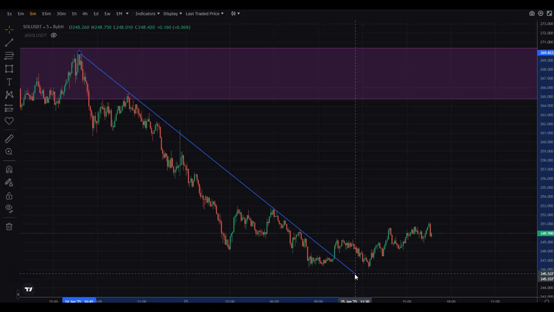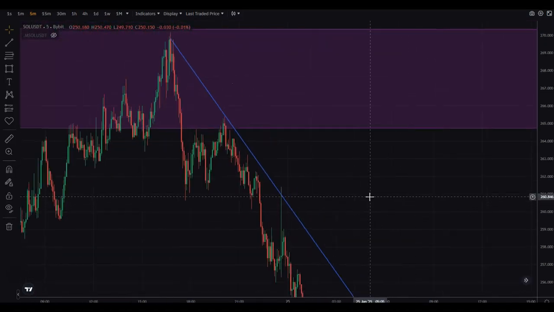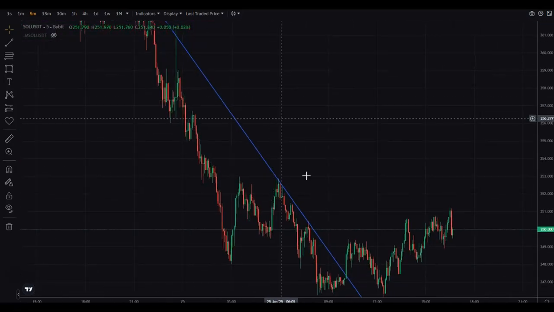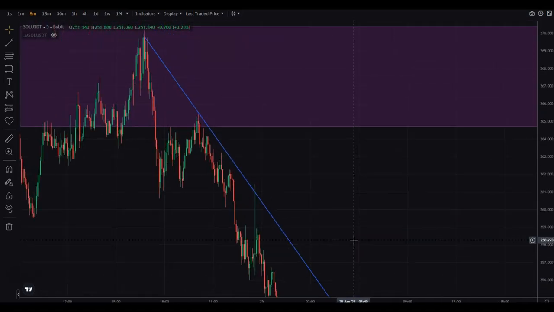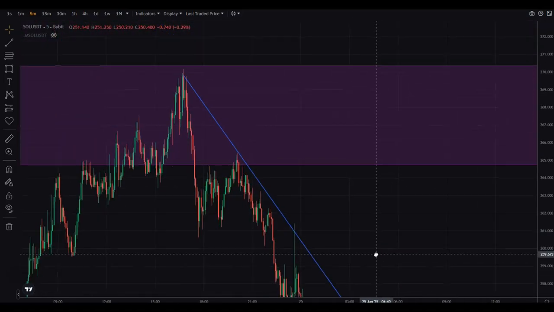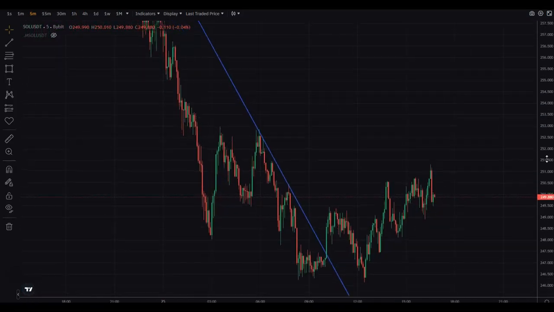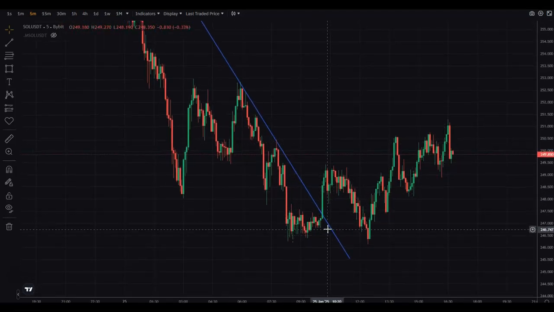The market is trading in a clear downtrend. Here's our first touch point, second touch point, third, fourth touch points. So that's a clear downtrend. And here we can see that the market broke the downtrend.